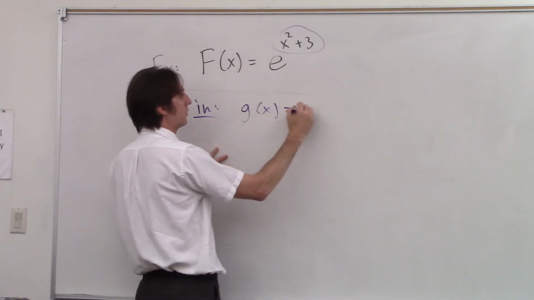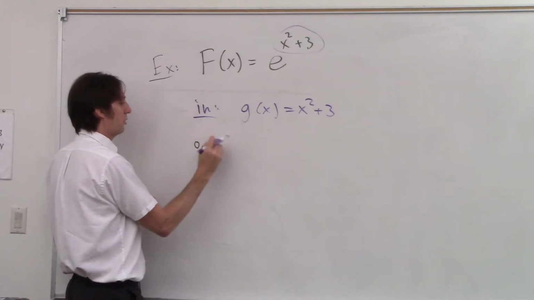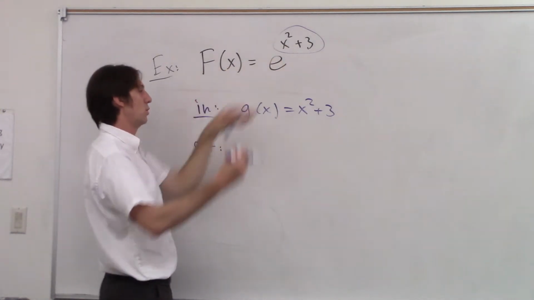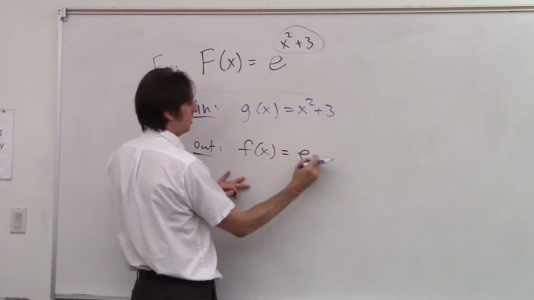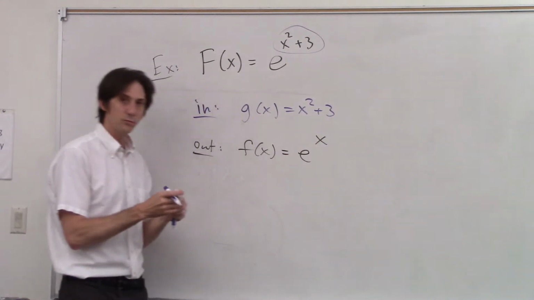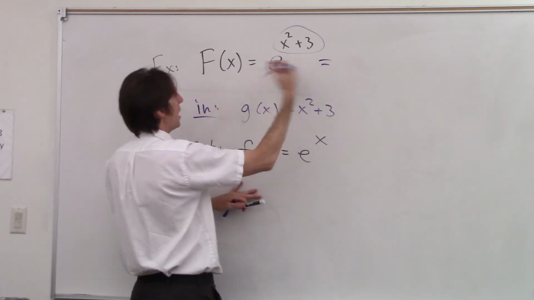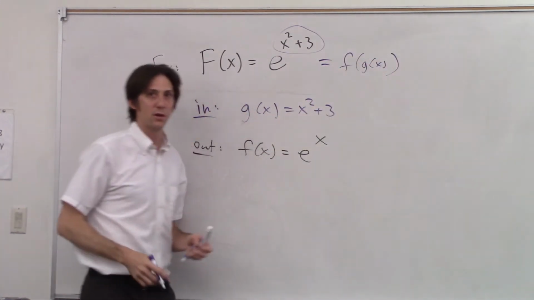So our g of x is x squared plus 3. The outside function is the last function being done, in other words, e raised to whatever that inside is. And so our outside function f of x is e to the x. You should be able to check then that capital F is exactly f of g of x, and it's that particular composite.